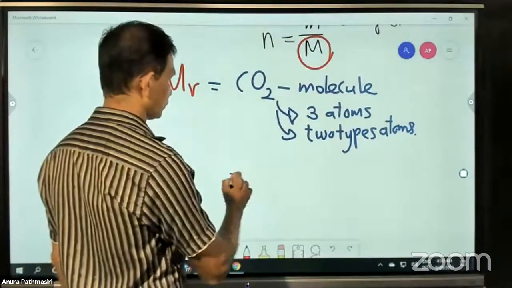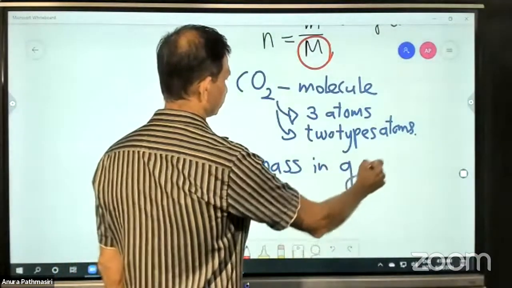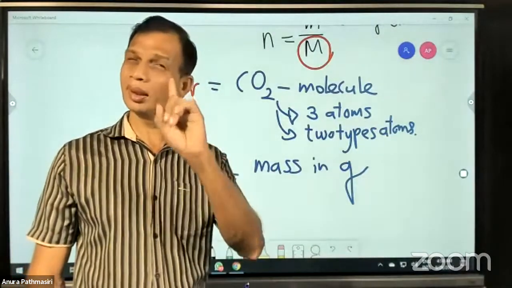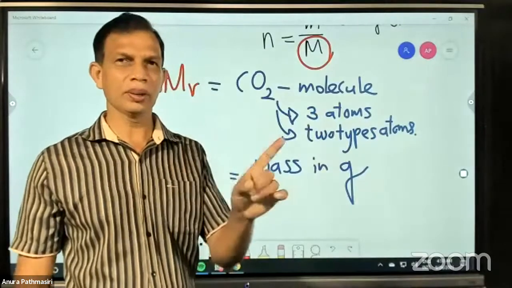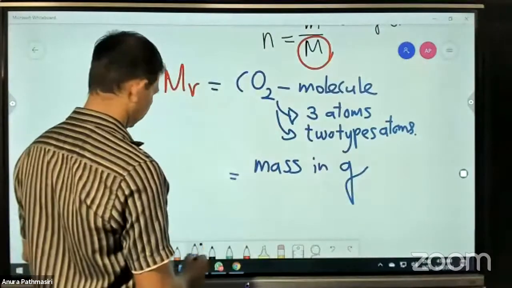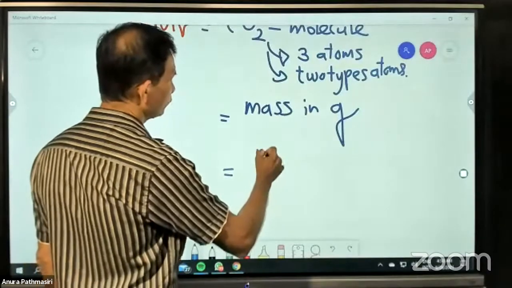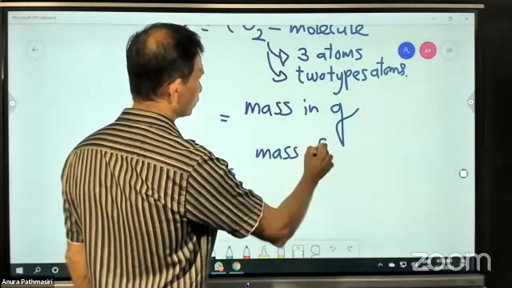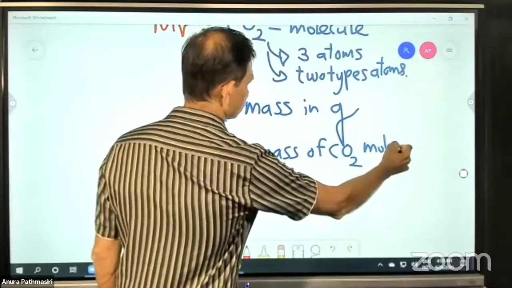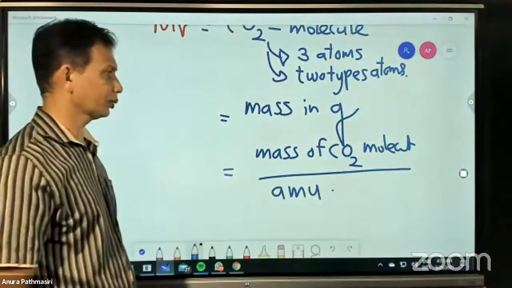And it has a mass in gram, right? And I'm going to express a relative value. How? Divide the mass in gram of the carbon dioxide molecule by AMU, atomic mass unit.